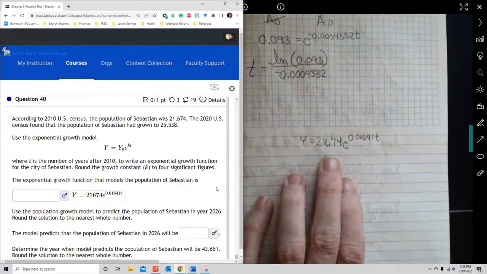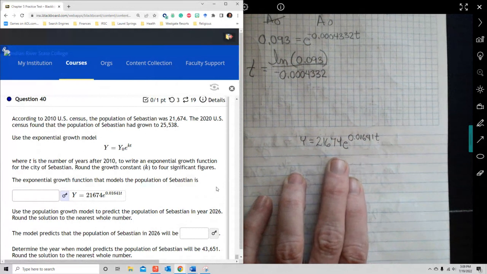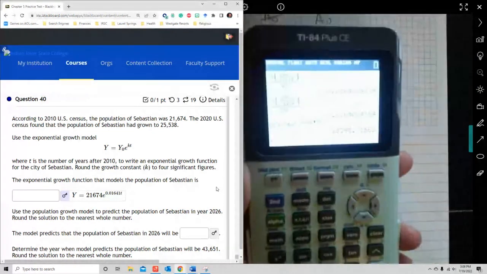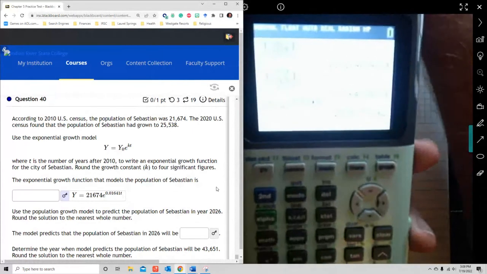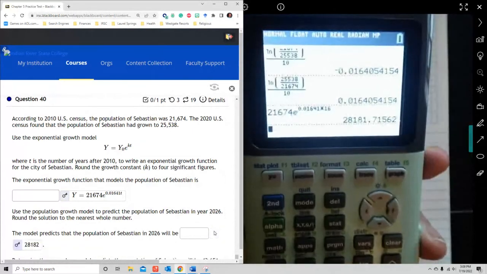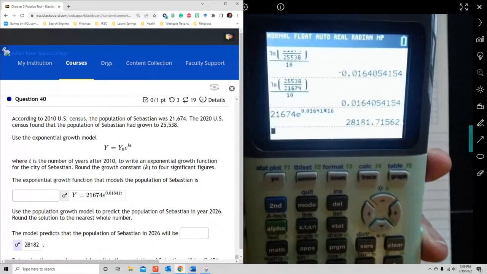So 21,674, and then second ln, and then 0.01641 times 16. And so we get this answer just by putting it in the calculator. And that's the answer that we get right here.